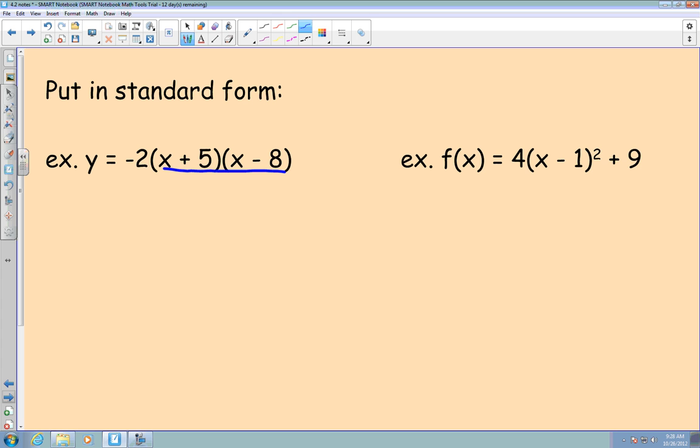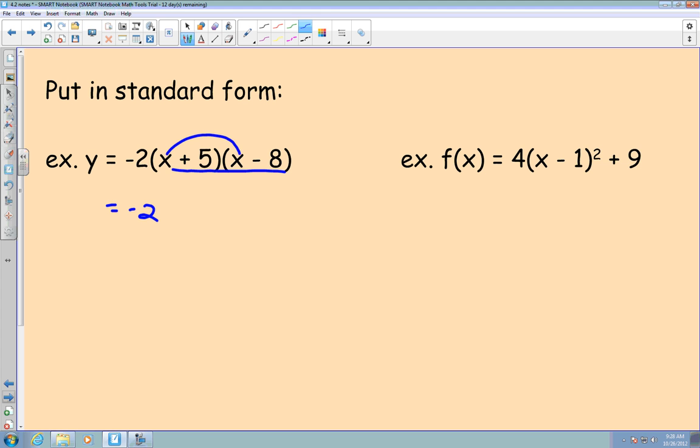Binomial meaning the ones with two terms. x plus 5 is a binomial because there's two terms. x minus 8 is a binomial, so there are two terms. So you multiply the two binomials first, and then you distribute your negative 2. So the first step, you're just going to write down the negative 2. I'm going to move it down a little bit, folks, so I have room to draw my little lines.